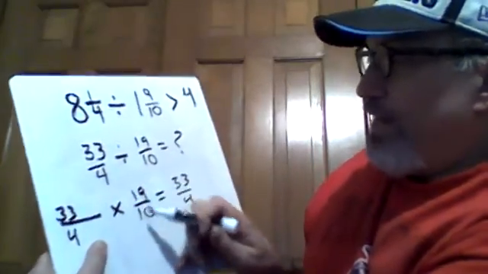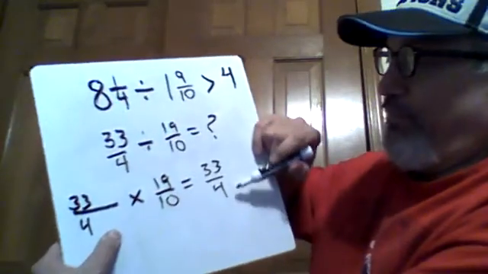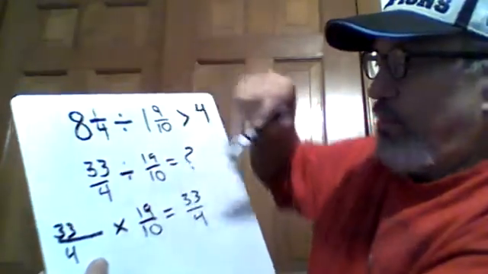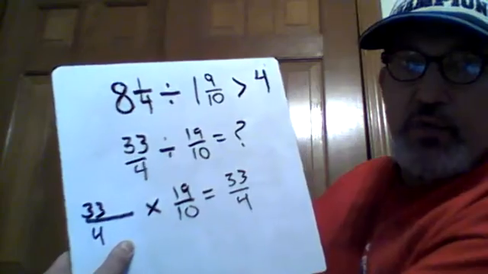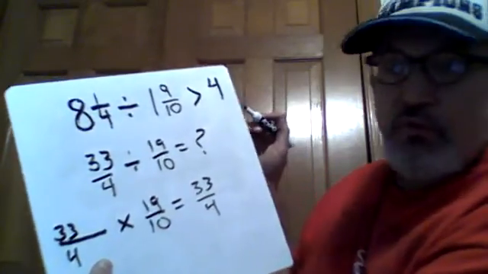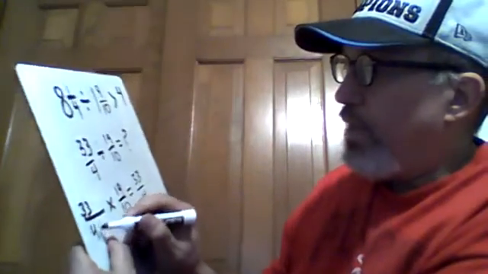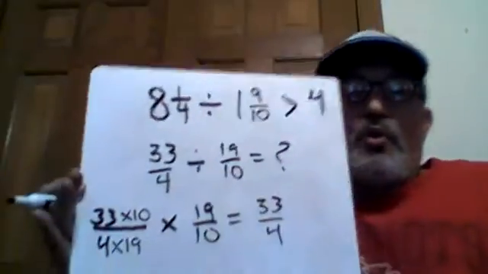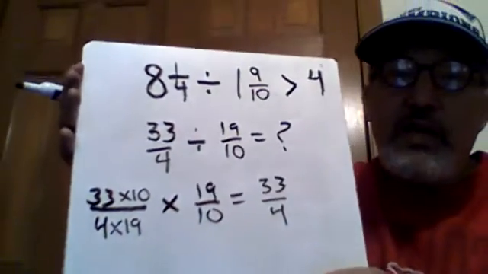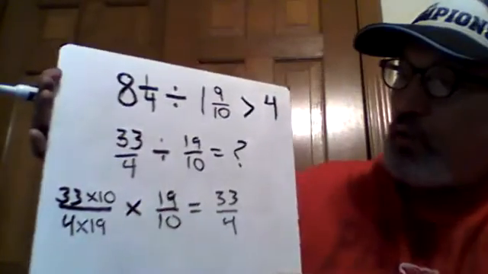We don't want 19/10 when we do our multiplication. There's not going to be any 19 or 10 there. There's only going to be 33/4. So let's put a 19 in the denominator and a 10 in the numerator. Our quotient fraction is now 33 times 10 over 4 times 19.